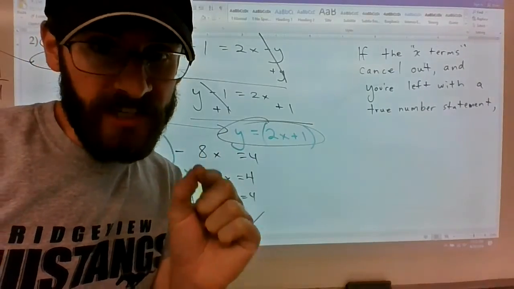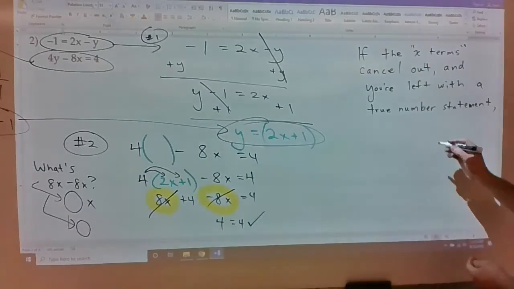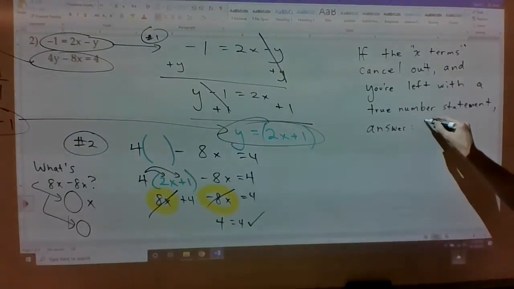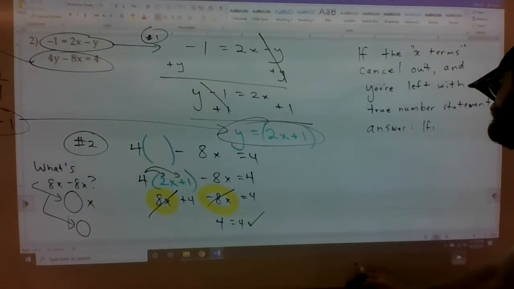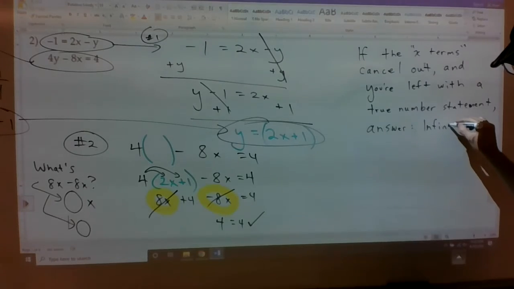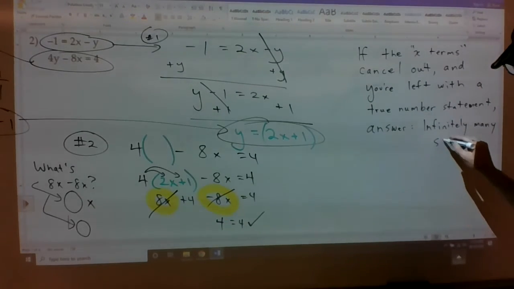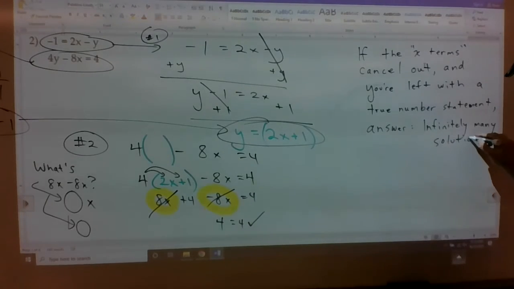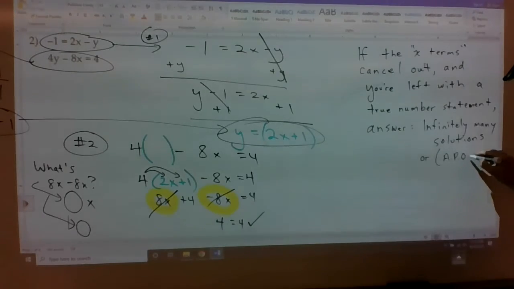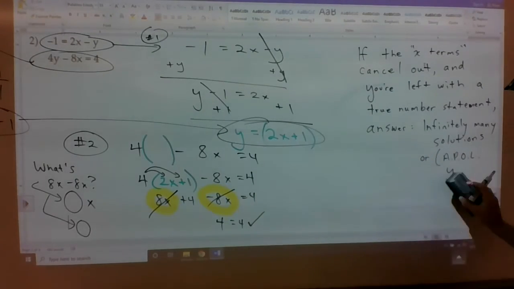It's all the points on the line or infinitely many solutions. In this case, y equals 2x plus 1.